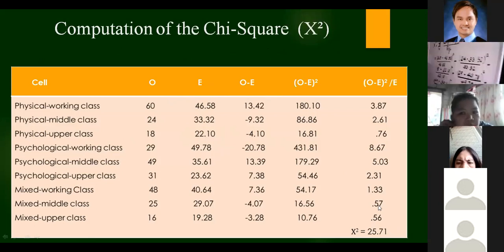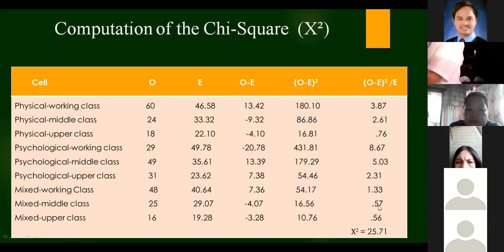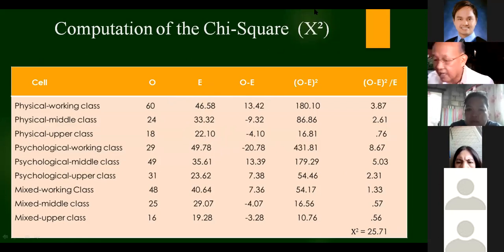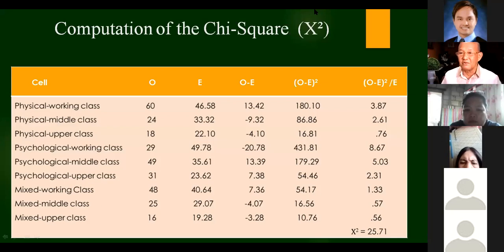Sa baba. All right. Now, we have computed. Do you have any question regarding the chi-square computation? Meron ba kayong question sa pagko-compute ng chi-square? Actually, if your purpose is to analyze the significance of difference of the observed data from the expected, the chi-square alone could suffice.